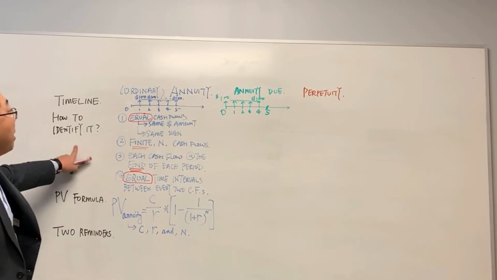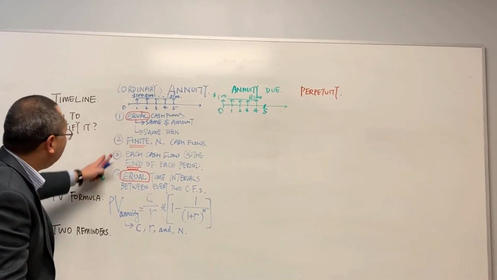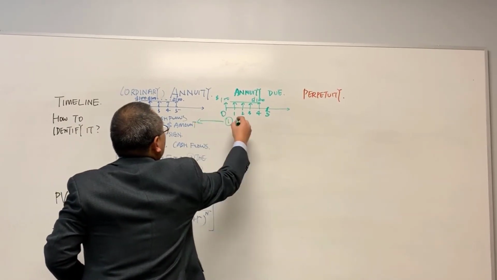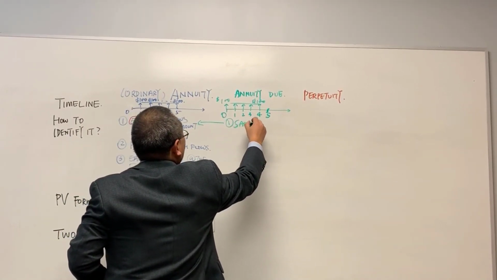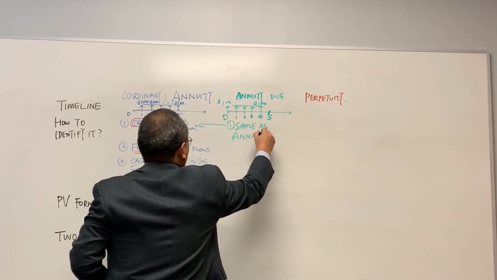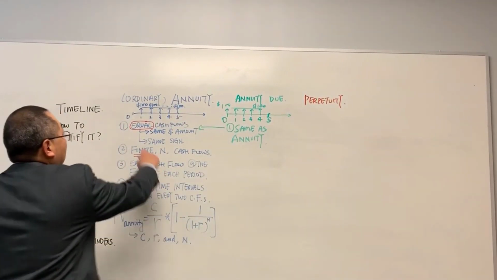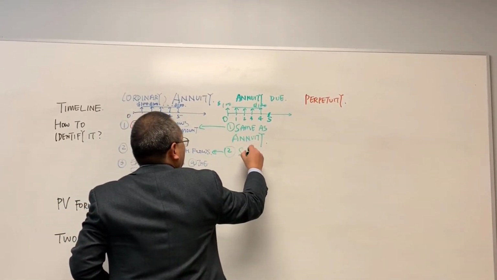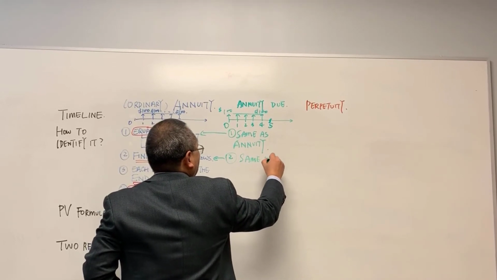Then how do we make the judgment? We compare with ordinary. Item number 1, same as annuity, equal cash flows. 2, again, same as annuity.